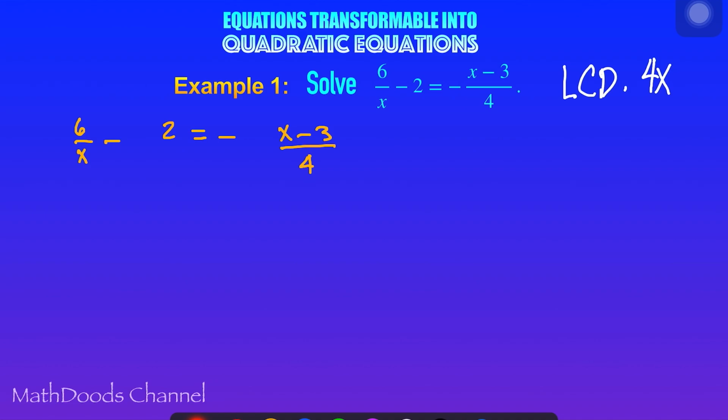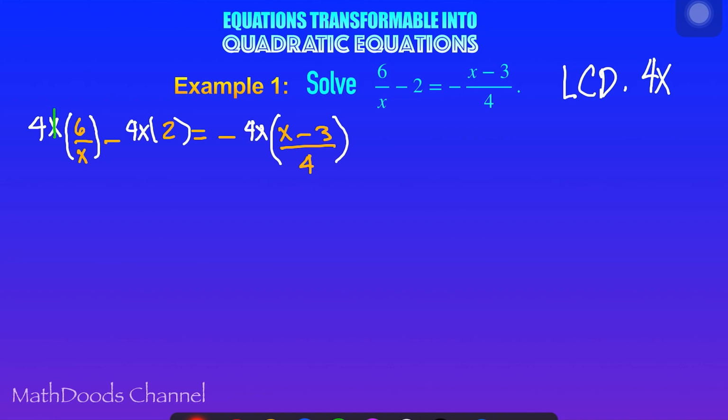Ayan yung original equation natin na ita-transform natin into quadratic equation. So, magmumultiply tayo ng LCD lahat ng terms. Ayan, 4x. Tapos dito sa 2, 4x. Dito sa x minus 3 over 4, 4x din.